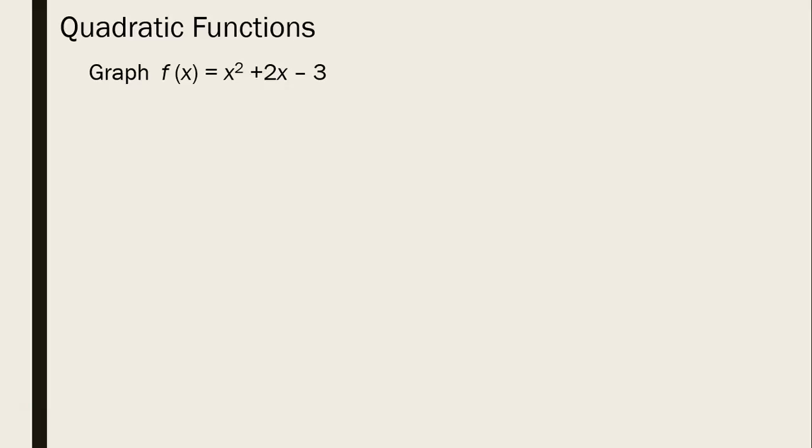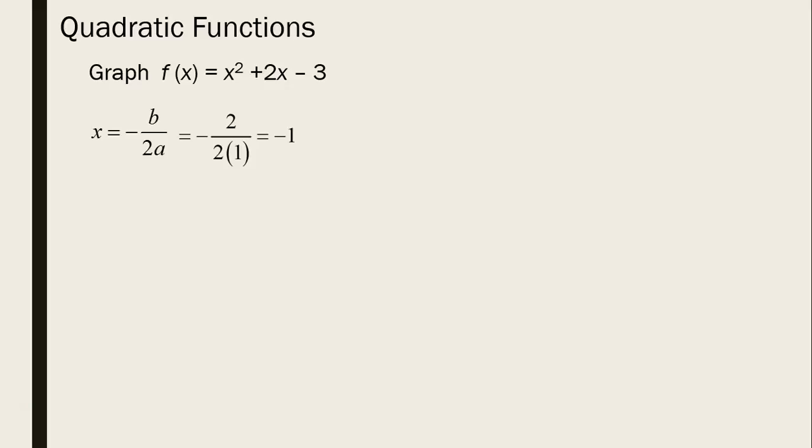So suppose we want to graph f of x equals x squared plus 2x minus 3. Well, the first thing we could do is try to find that line of symmetry. And the equation of the line of symmetry is x equals negative b over 2a, which in this case is negative 2 over 2 times 1, or negative 1. So x equals negative 1, that's a vertical line, is our line of symmetry.